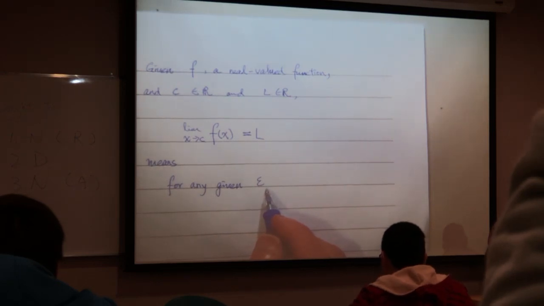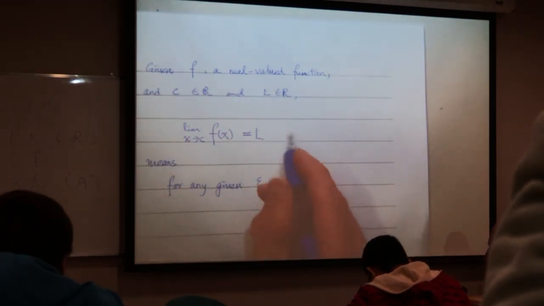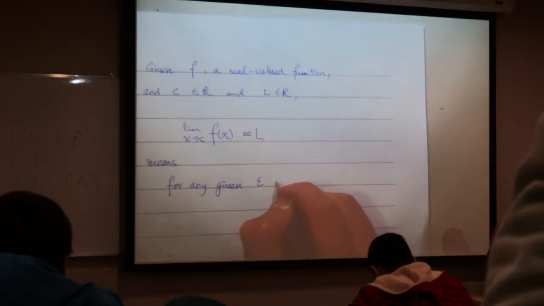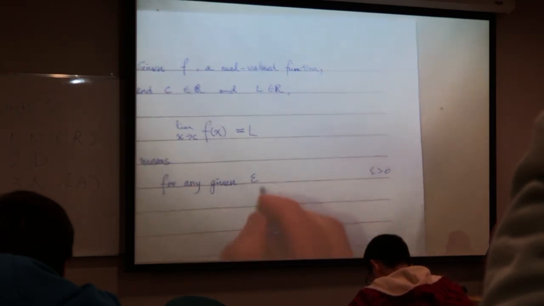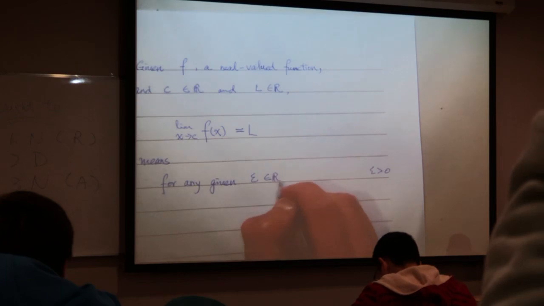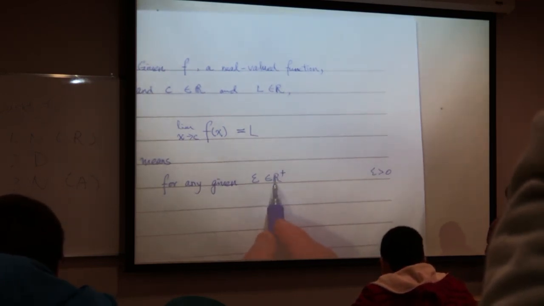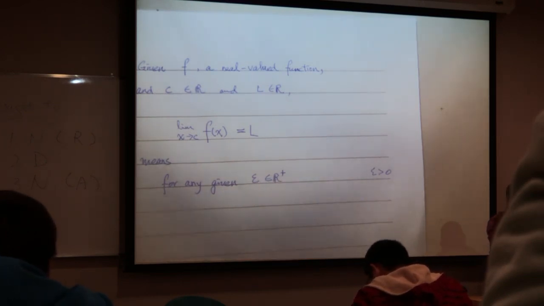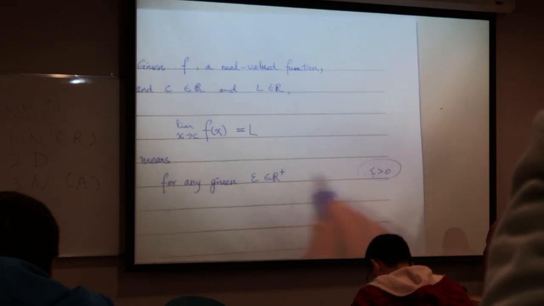This is a small Greek letter, epsilon, similar to E in English, which is a positive real number. Usually it will be written like this, epsilon greater than 0. But if you still have some problem, I would write it is also a positive real number. It does not include 0, cannot be 0, must be positive. The same as this one, it means the same.